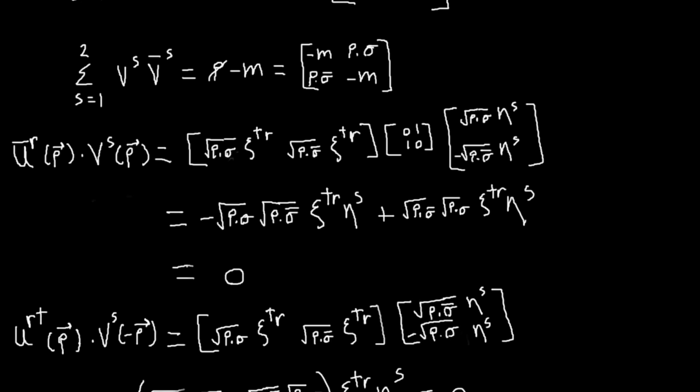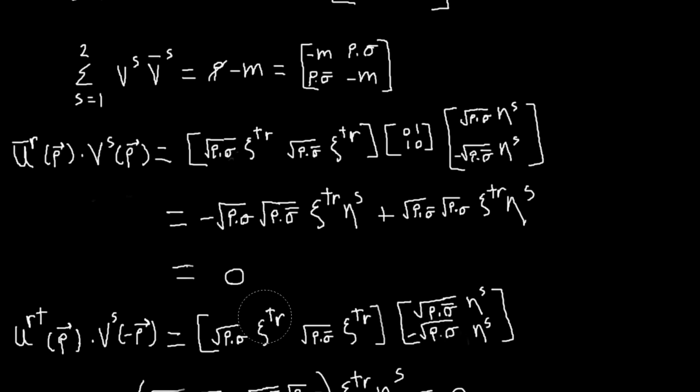So in this dot product, the time part is the same, but the spatial part flips. That's the difference between sigma and sigma bar, that the space parts have different signs. So effectively, it just makes sigma equal to sigma bar and sigma bar equal to sigma.